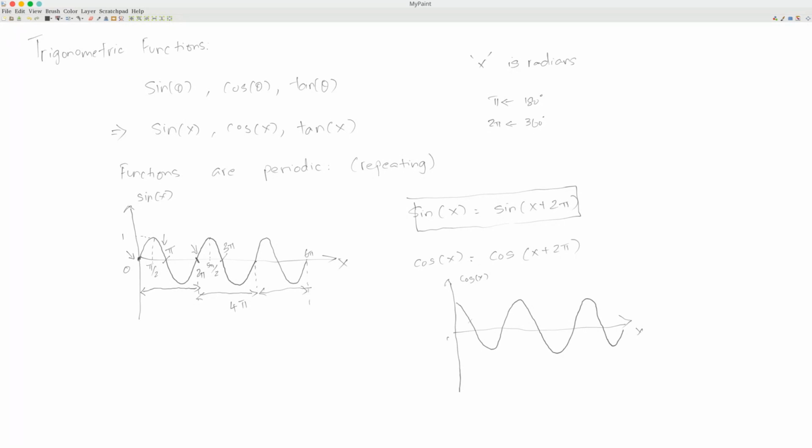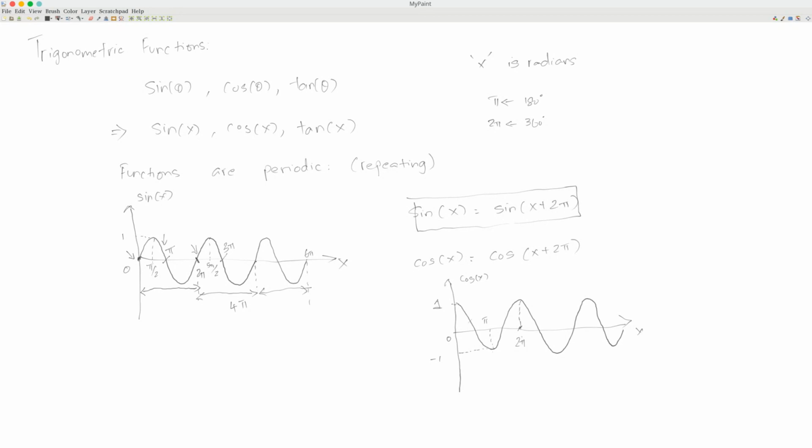So when x is 0, the value of the cosine function is 1, and the lowest value that it can take is still -1, and that value right there would be pi, and the next time it becomes 1 has to be at 2 pi, because it is 2 pi periodic.